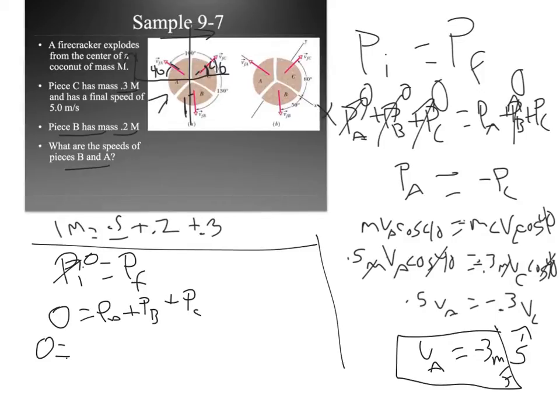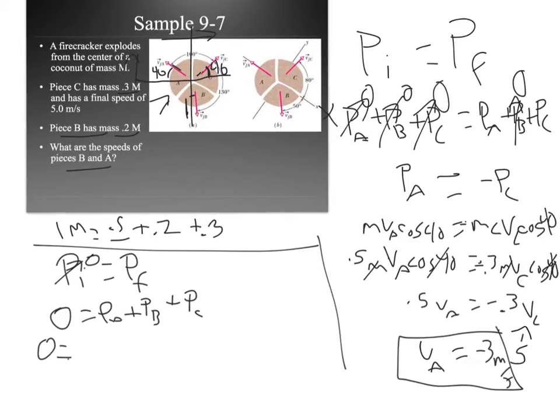For PA, it's going to be upward, so it's positive. For the mass, it was 0.5 m, and we'll just use positive for the velocity of 3 here since it's going up, and it's at an angle of 40, so we're going to use sine of 40 for A. For B, we're going to have a downward momentum, so it's going to be negative.